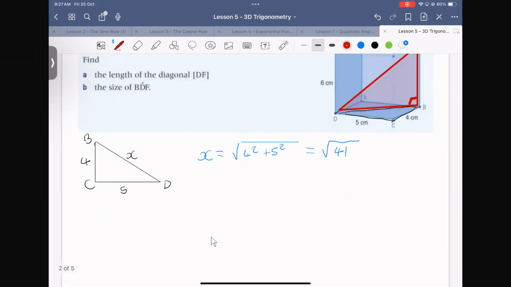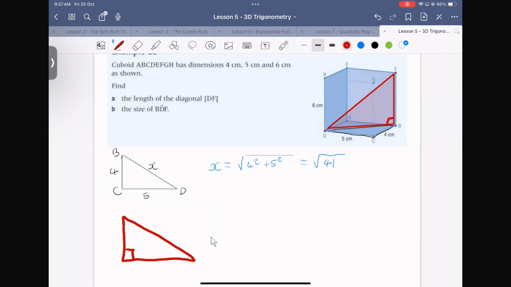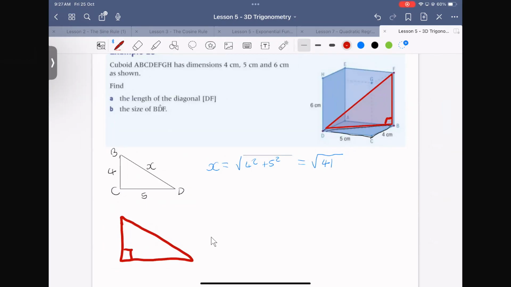This new one I'm drawing, I'm just going to pull it off down here. What are the vertices of this right angled triangle? Which one's at the right angle? B. And then up in the air is F, and I think it makes sense to write it like this, D. That's the right angle triangle.